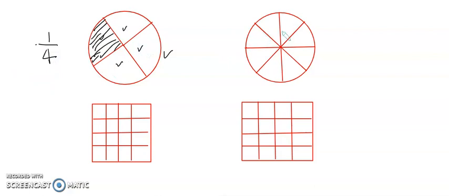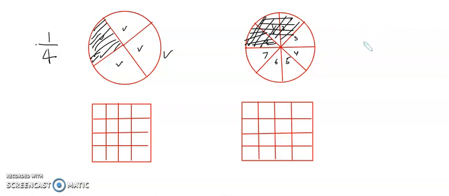Let us try to understand this diagram. This has been divided into 8 equal parts. 1, 2, 3, 4, 5, 6, 7, 8. And if you, for example, just consider shading 3 equal parts, like from here to here, what should be the fractional representation?